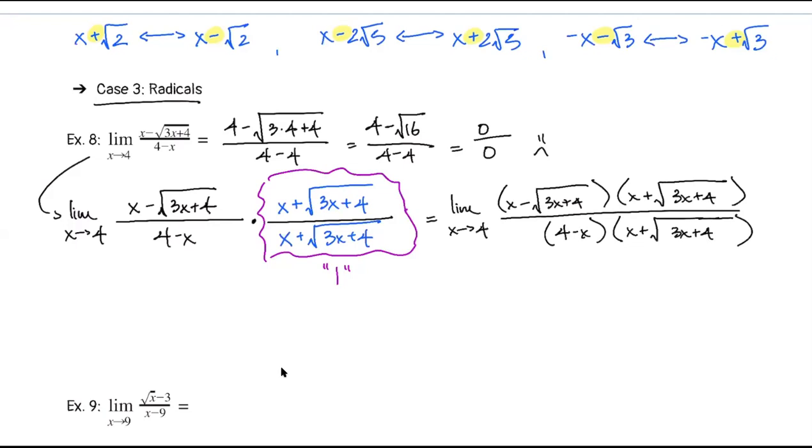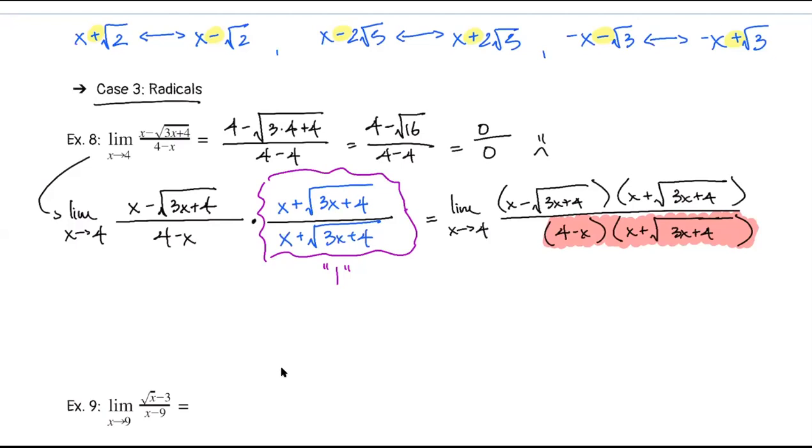I'm going to ask you folks a favor, and this favor is really a favor for you. I'm highlighting this, not because it's in the denominator, but because it does not have complex conjugates. The top has an x minus and an x plus.